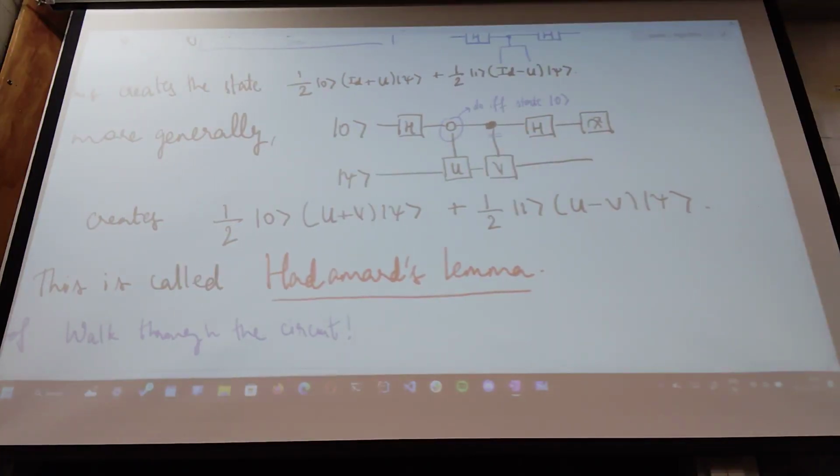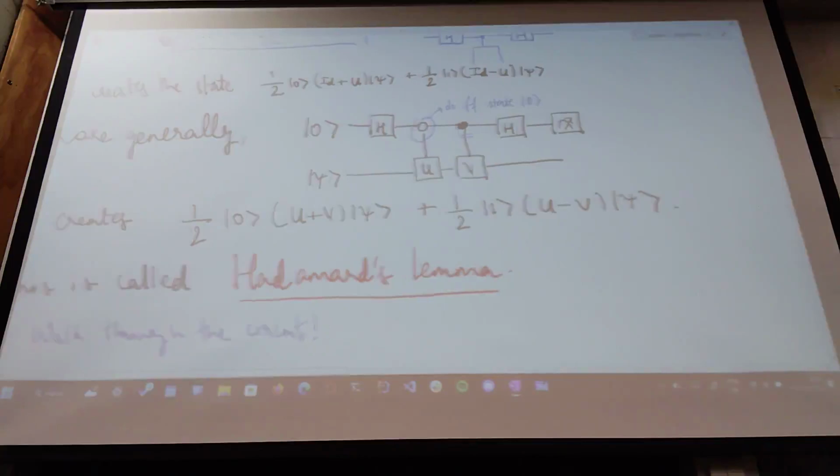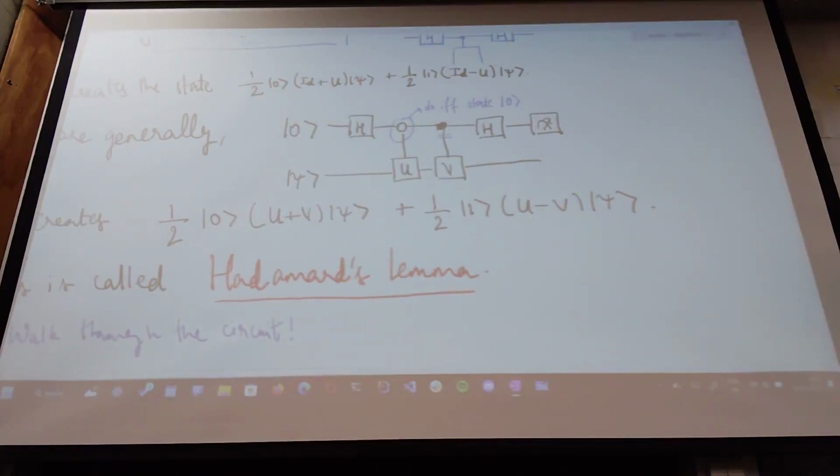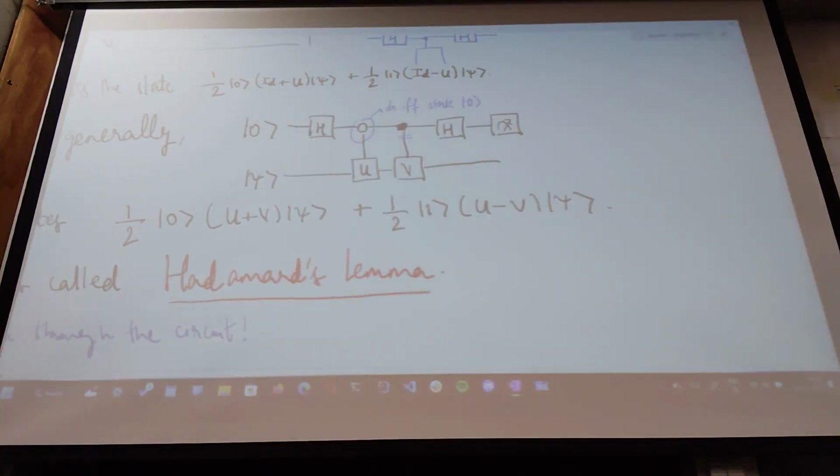Now, this result is a very crucial result. It's called Hadamard's lemma. And the reason why it's important is, suppose at the end of this outcome you measure a 0 in this qubit, what would the resulting quantum state be?